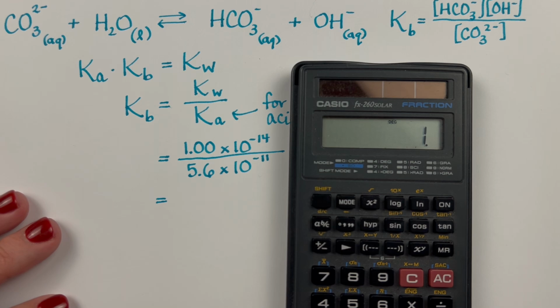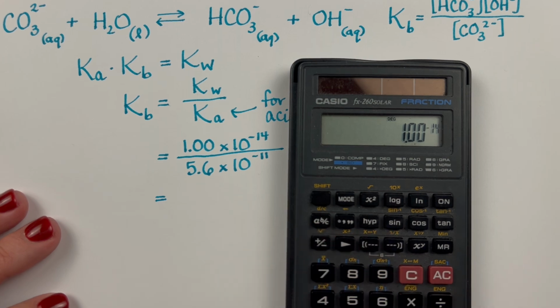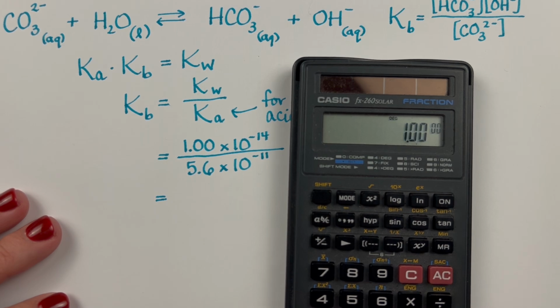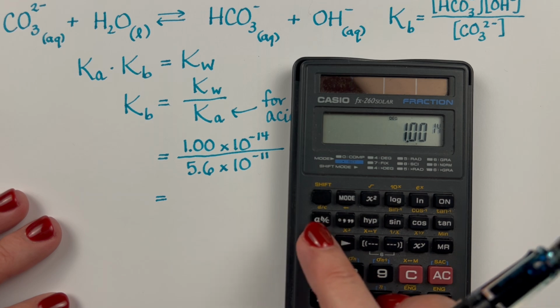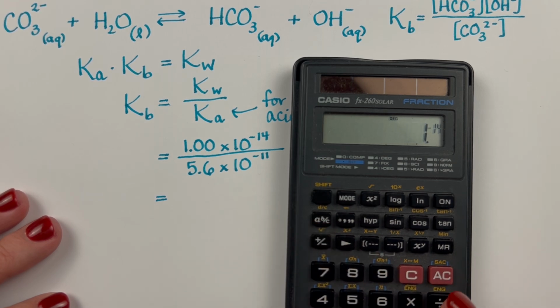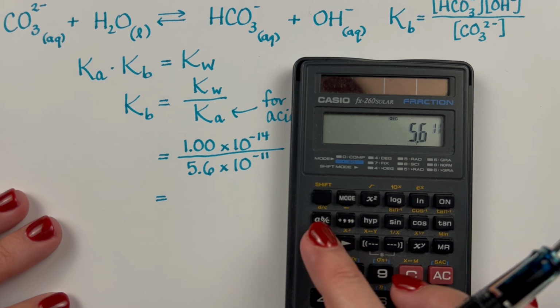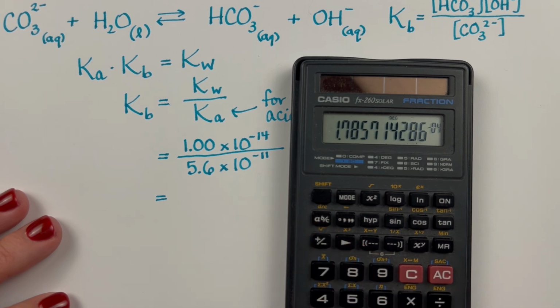Alright, we have 1 times 10 to the minus 14th divided by 5.6 times 10 to the minus 11th equals.